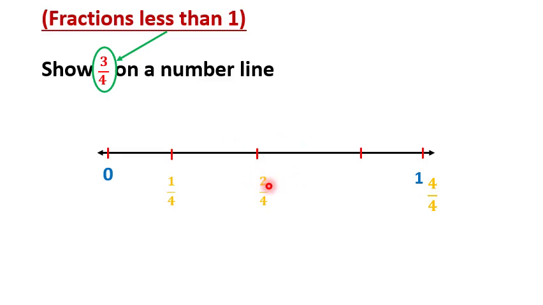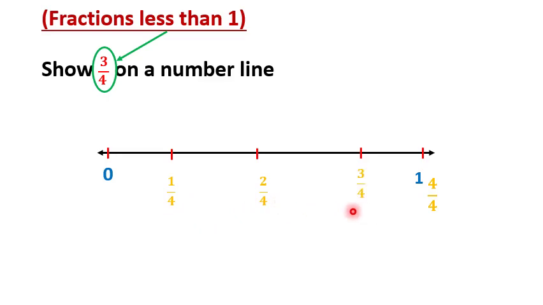I have to write the numerator for 3 parts. So what is going to be the numerator for 3 parts? Excellent, it's 3. And the denominator, like in all the fractions, is 4. Bravo. So this is 3/4 on the number line. And the last one, because it is the fourth part, the numerator is 4 and the denominator is 4. And because it is a whole, this is equal to 1.